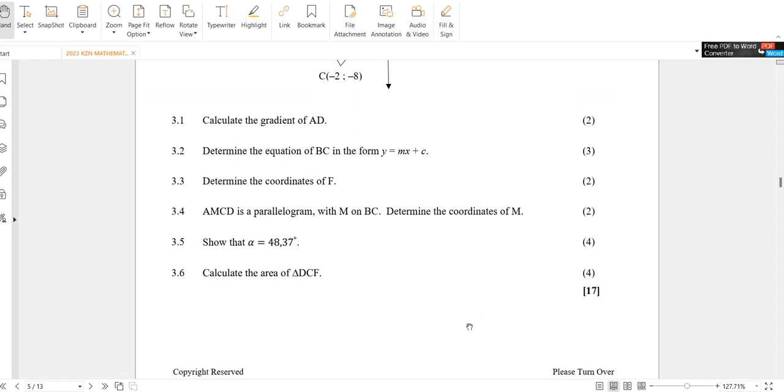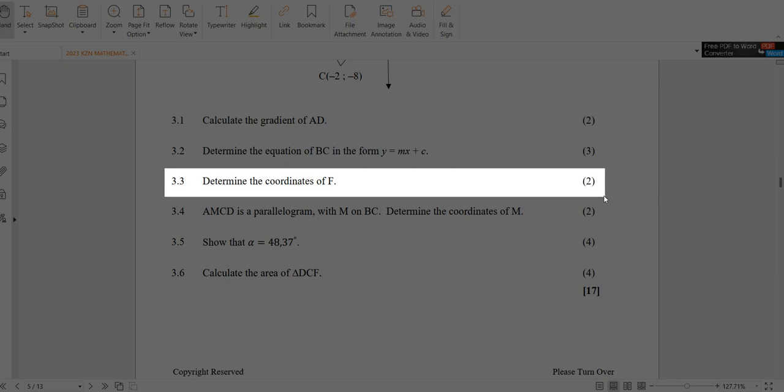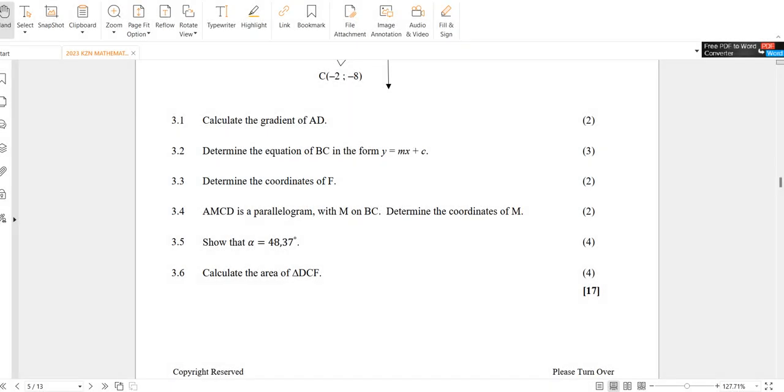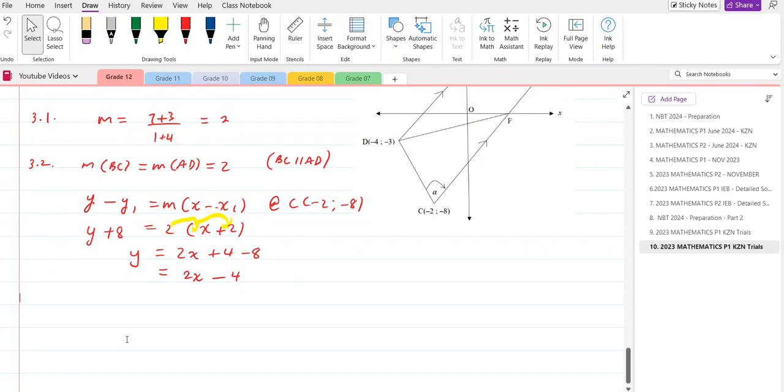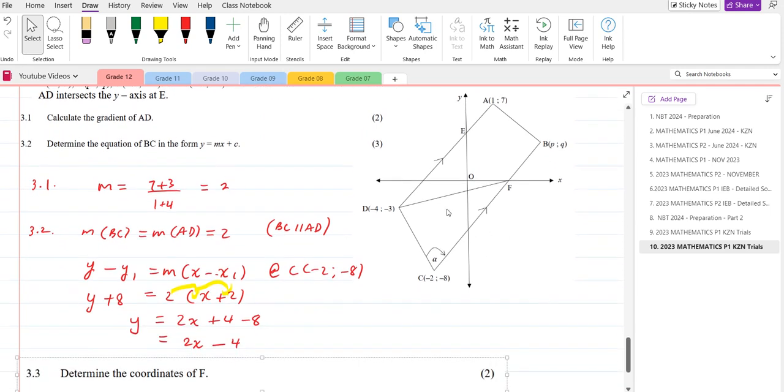Determine the coordinates of F. Right, so how are you going to find the coordinates of F? What is F?